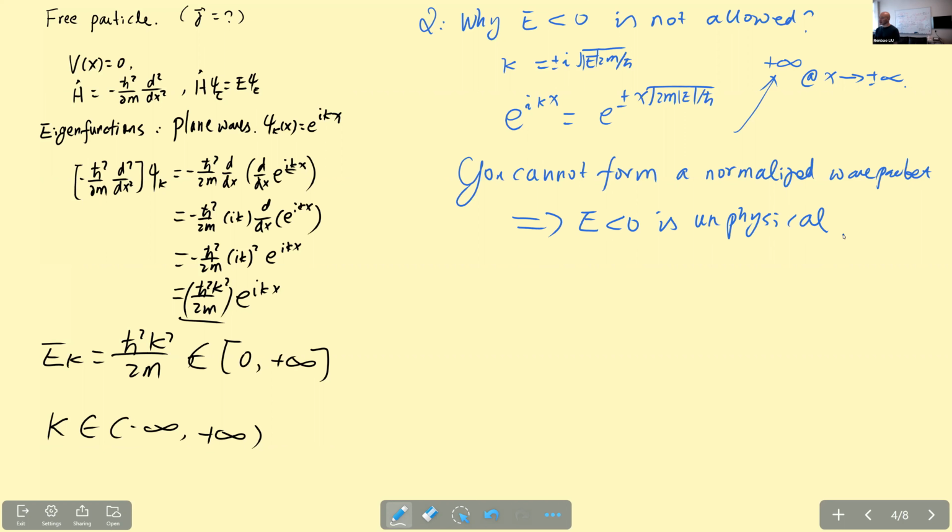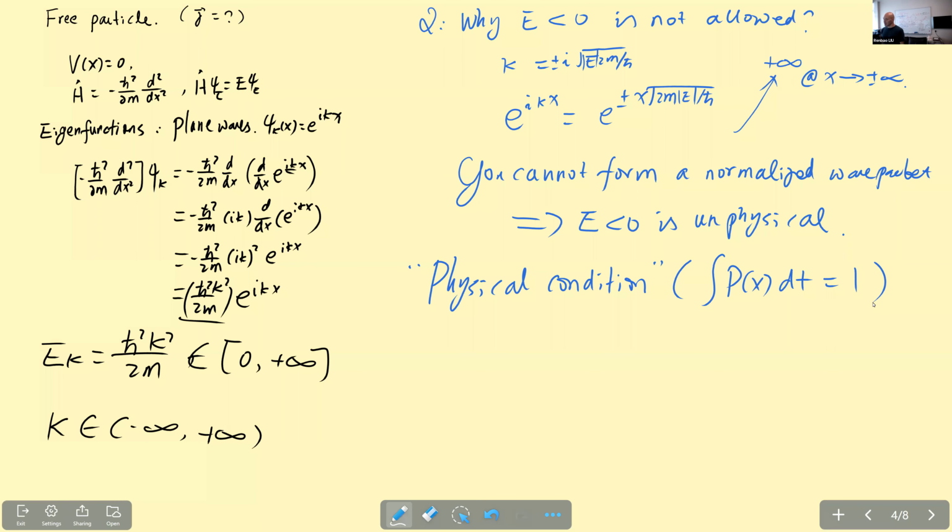Okay. So what's the physical condition in this case? That's the total probability, the integral of |psi|² dx, should equal 1.